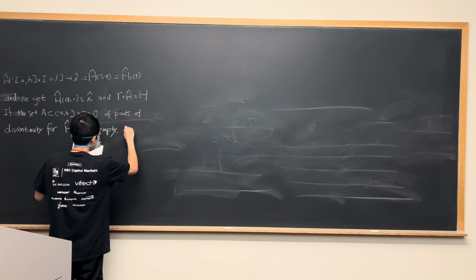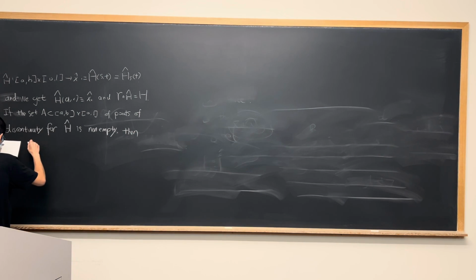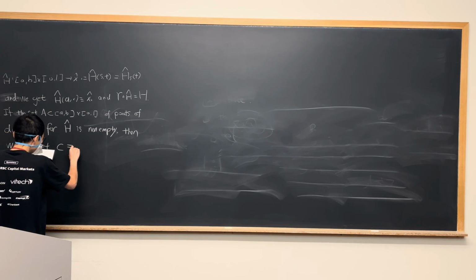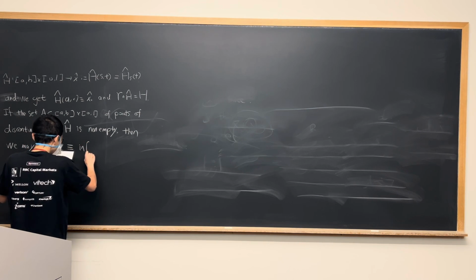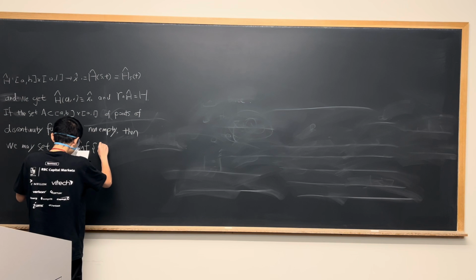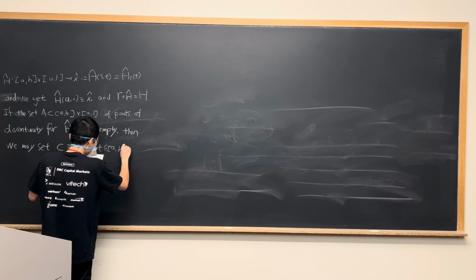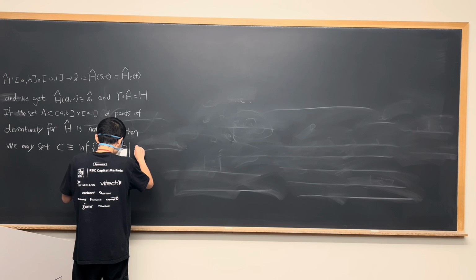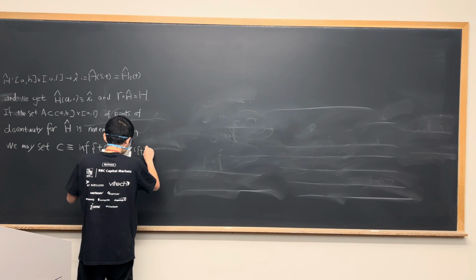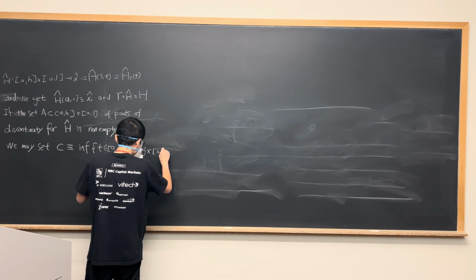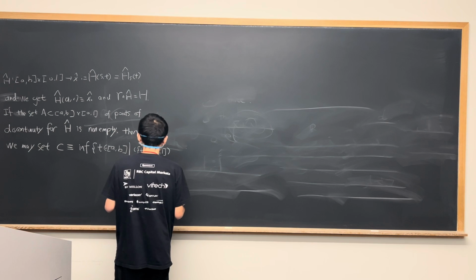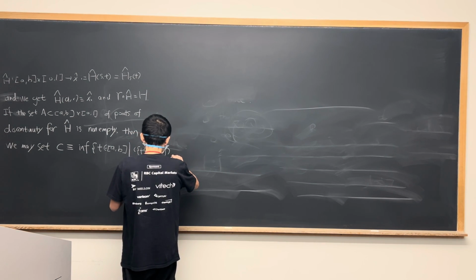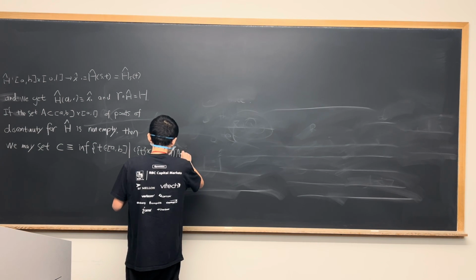then we may set the C, which is defined to be the infimum taken over the set of all t in the closed interval [a,b], such that t cross interval [0,1] intersect A is not empty.